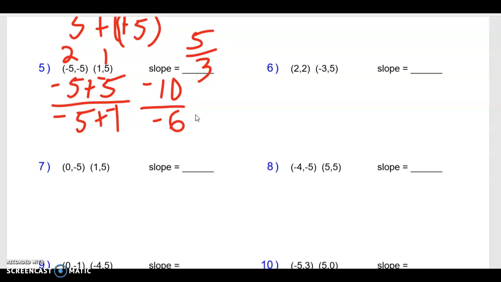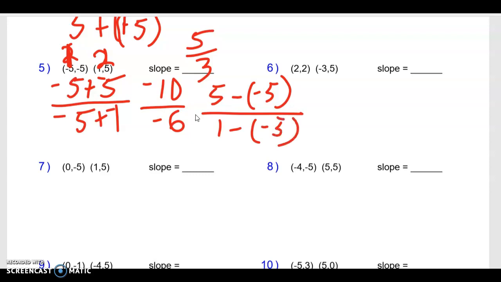Okay, and I'm going to work it the other way to show you that you can set up your problem either way and we would still get 5/3. So if I change this to 2 and that to 1, then I get 5 minus a negative 5 over 1 minus a negative 5.